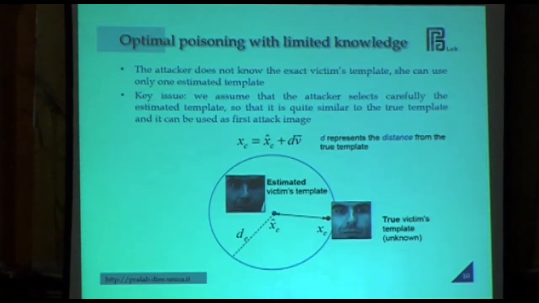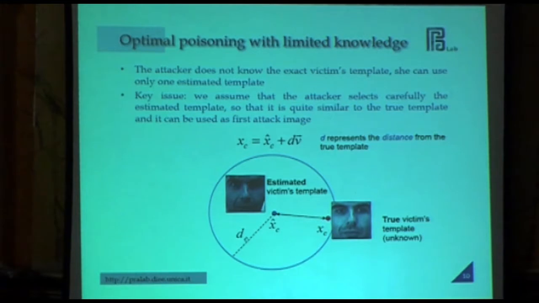Well, the starting assumption is about what the attacker knows about the system. This is the most relevant starting assumption for any adversarial problem: what the adversary knows of the system. In this work, we assume that the attacker has a limited knowledge of the template. He doesn't know the exact templates that you are using, but he can get some images which are quite similar to your templates.